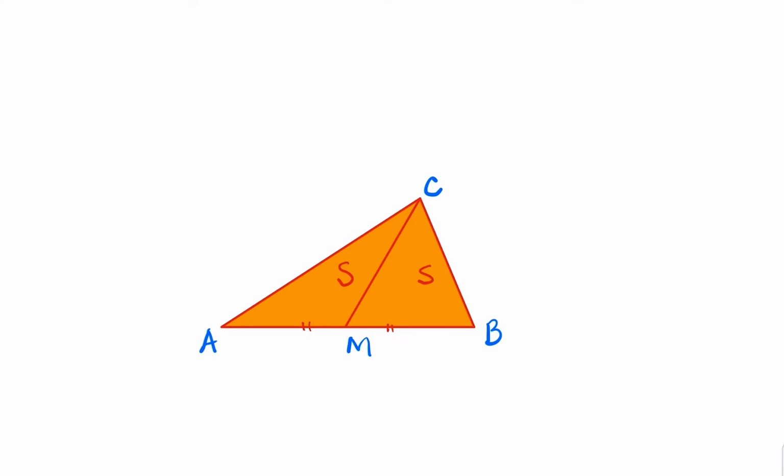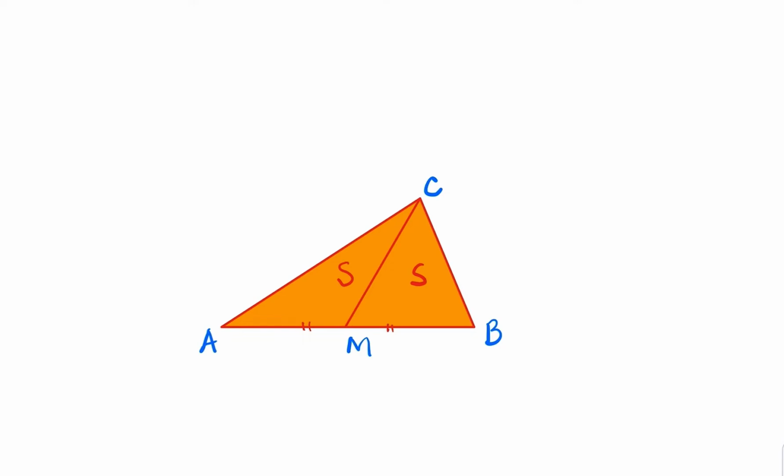Because the area of a triangle is half of base times height. In this case, both heights are the same, right? So if the bases have the same length, because M is the midpoint, the areas of the two triangles are the same. All right, so that's something we're going to use for this problem.